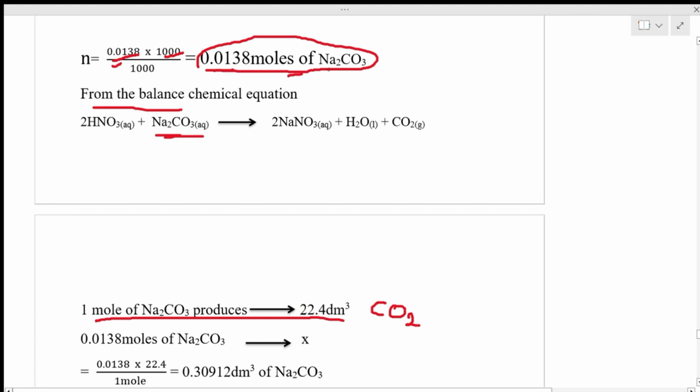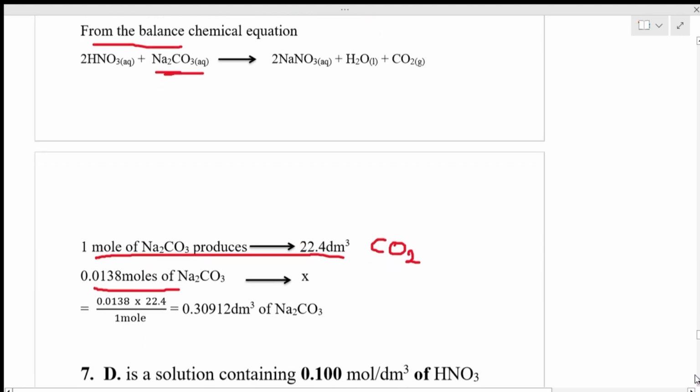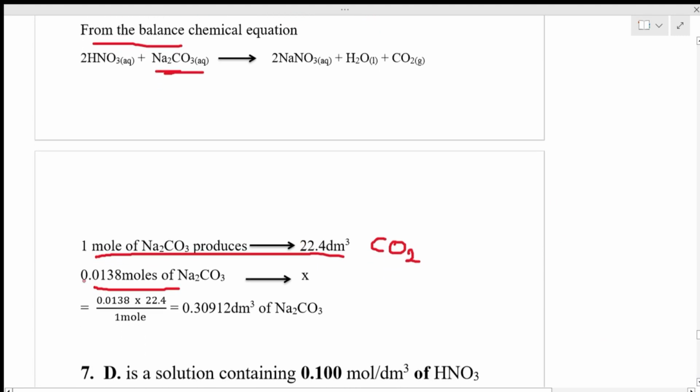So the mole obtained from up here, now we'll bring it down, you produce X. So when we make X the subject of formula, then what do we have? We have 0.0138 multiplied by 22.4 over 1. So our final answer gives us 0.30912 DMQ of CO2.